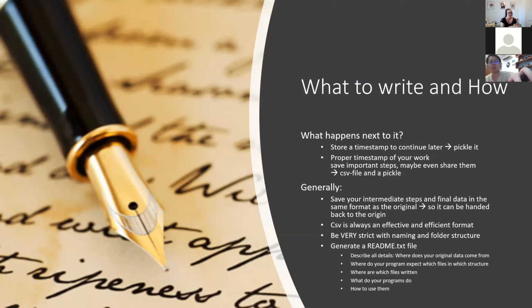The same, actually, what I highly recommend, and I'm guilty of basically never doing it, is write a README file. In a README file, one describes where you got the data from and what is in the data. Then you also describe what your program does. If you write a program that reads in a certain data and outputs something, then you write, okay, this program expects this data to be in CSV format. It should include this and that.